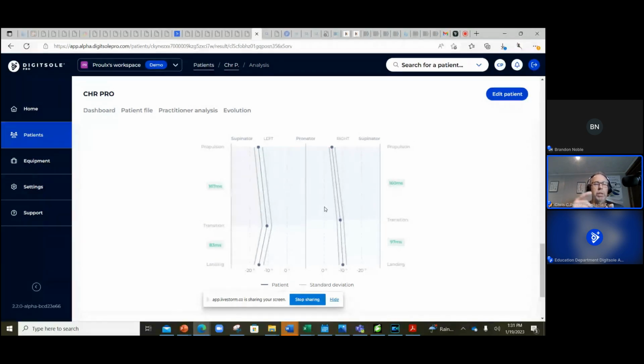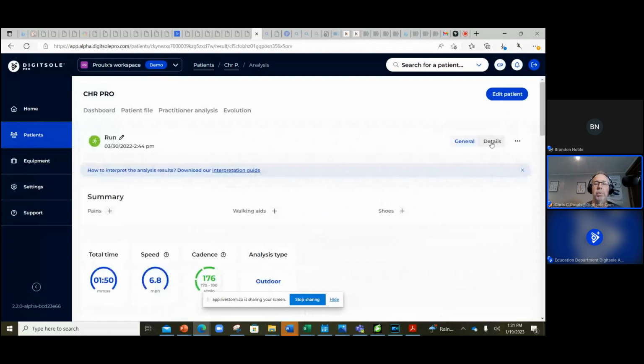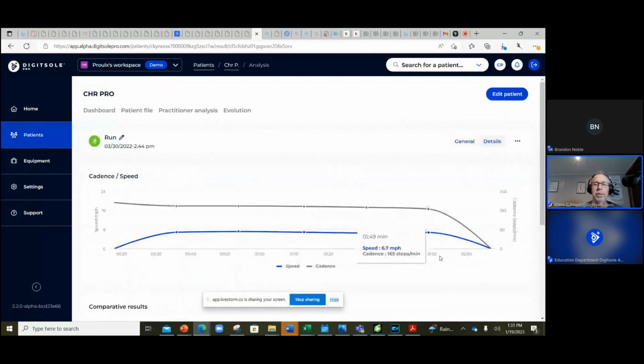So they have deviations from the mean, the average of normal values, because they have a condition that has changed their biomechanical features, neuromechanical features, some feature of their pattern, but they worked really hard to become the most efficient they possibly can be at whatever was given to them in terms of rectifying their problem. So I'm going to go back to the details view.